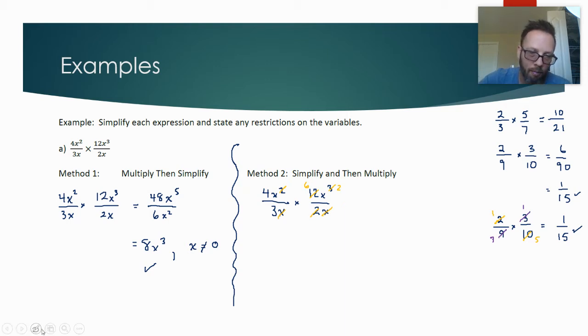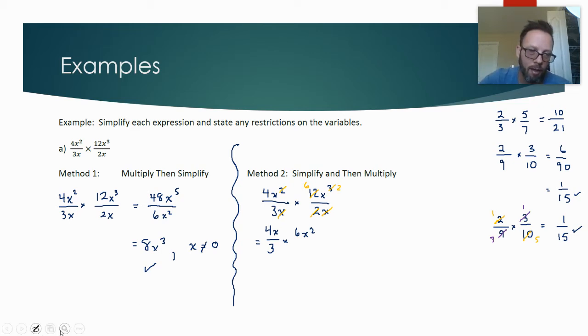And I can maybe just rewrite everything that I have now. So doing some simplification, I would now have 4x over 3 times 6x squared. And on the bottom, there's just nothing, over 1. I guess I could have done another simplification, right? Because 6 over 3 is equal to 2.